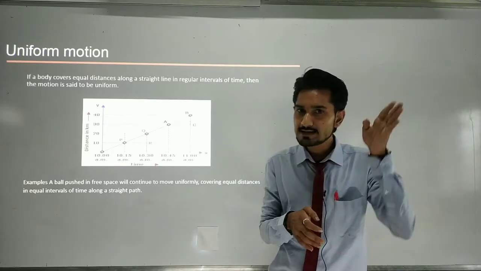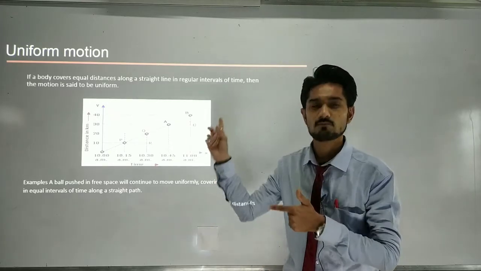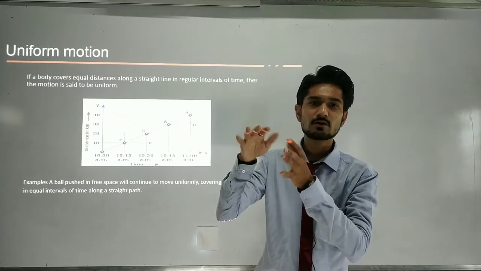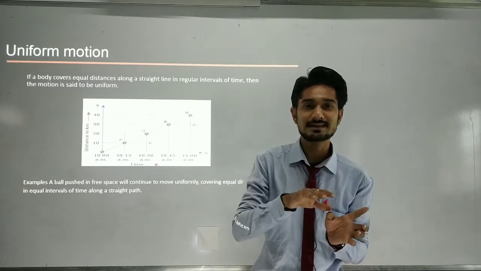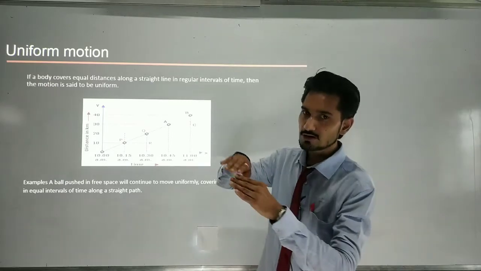That means I am doing a uniform motion. For that, the time and the distance of the interval remain the same. Otherwise, the motion will not go on a straight line.